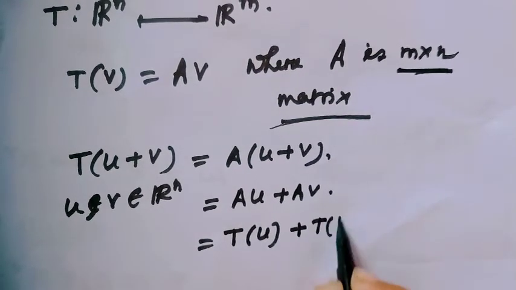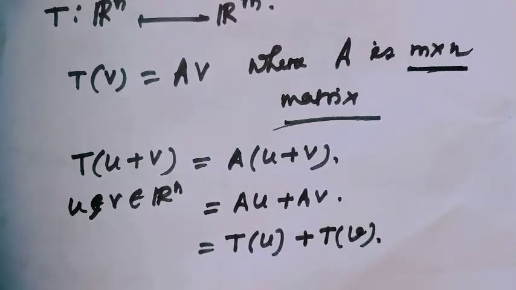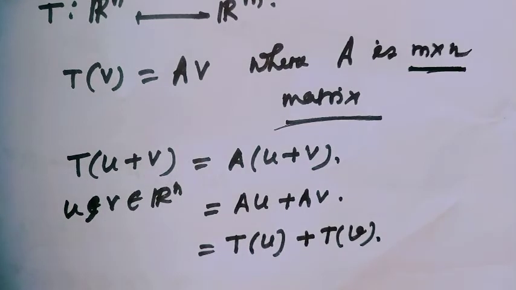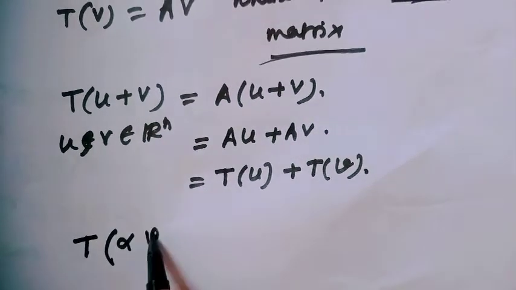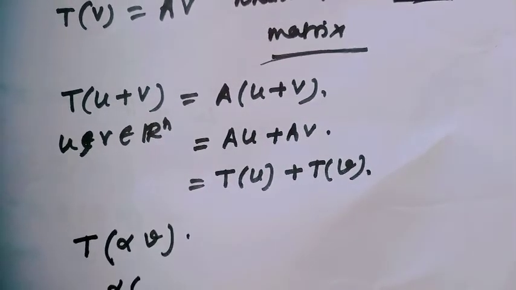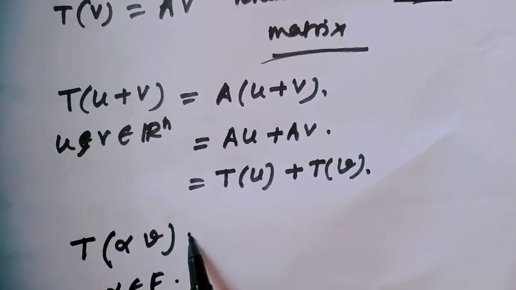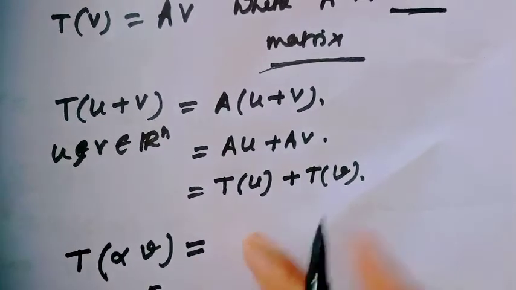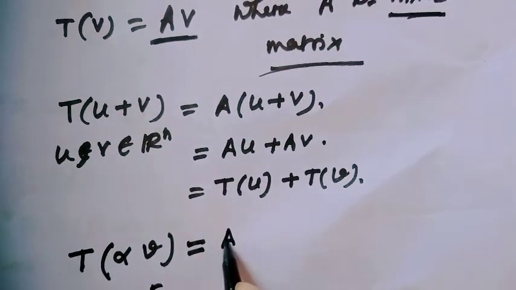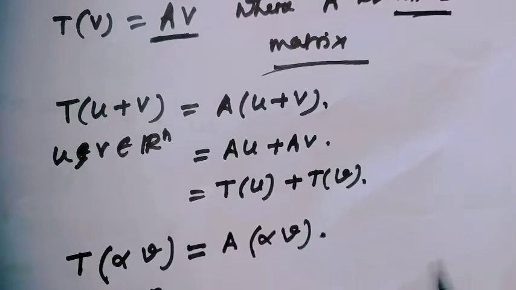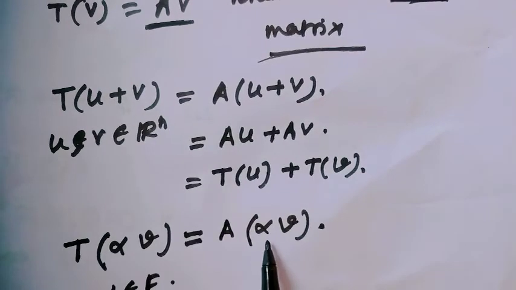plus Tv. Therefore, one condition here is satisfied. The other condition: T of alpha times v, where alpha is any scalar from the field. By the defined condition of the mapping, this would be A times alpha v, and since this is a scalar, this can be moved out.